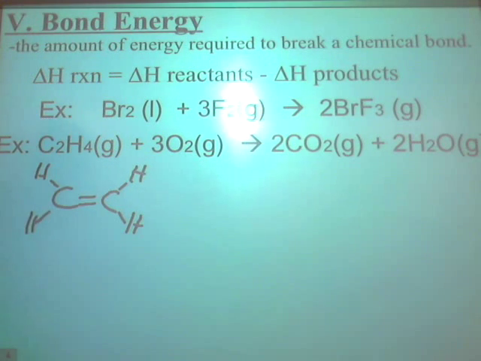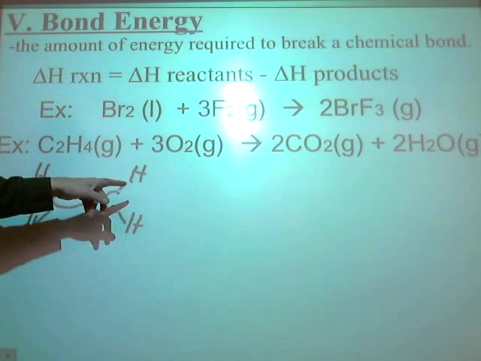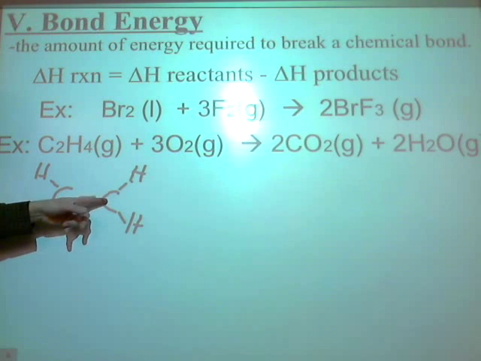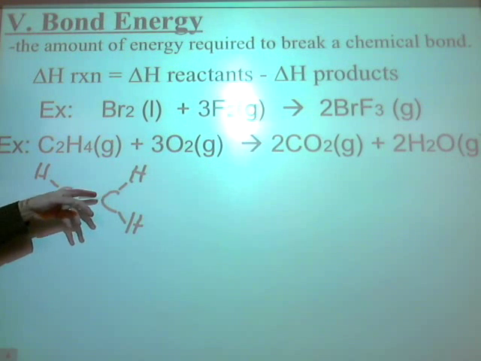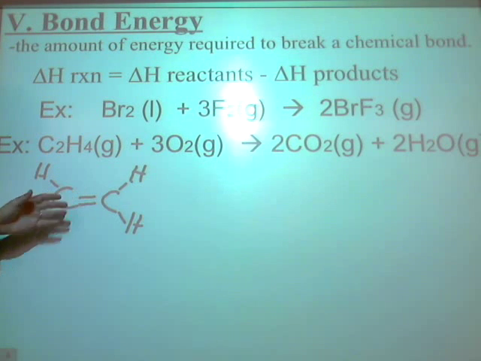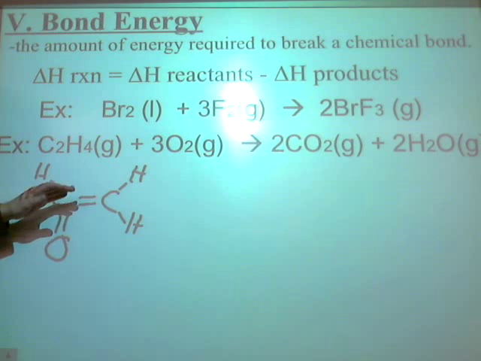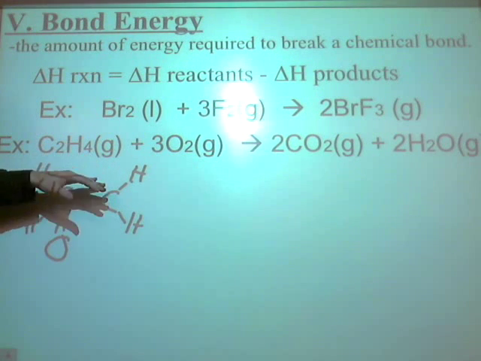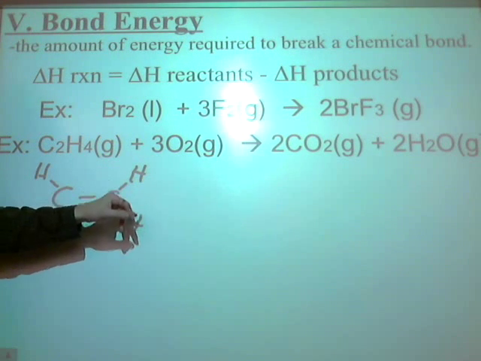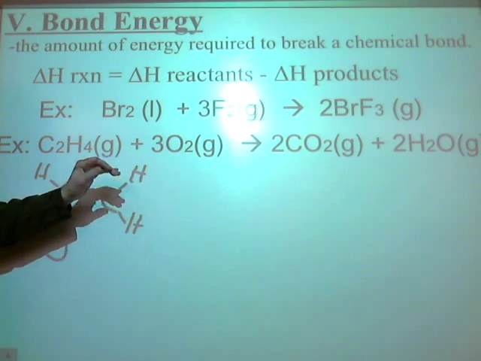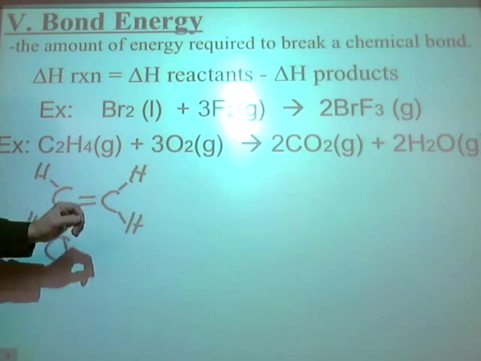It will differ depending on whether this C is bound with a double bond or a single bond or a triple bond or something else is over there. I could even have a carboxylic acid group over here. All of that will affect how hard it is to break this bond. And so it's not exactly the same.